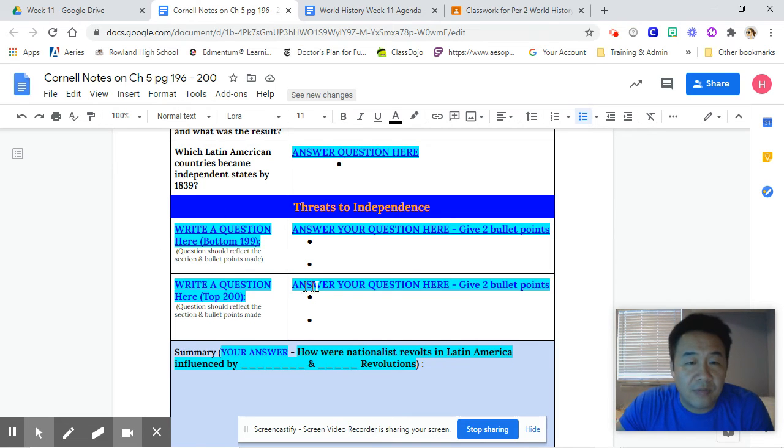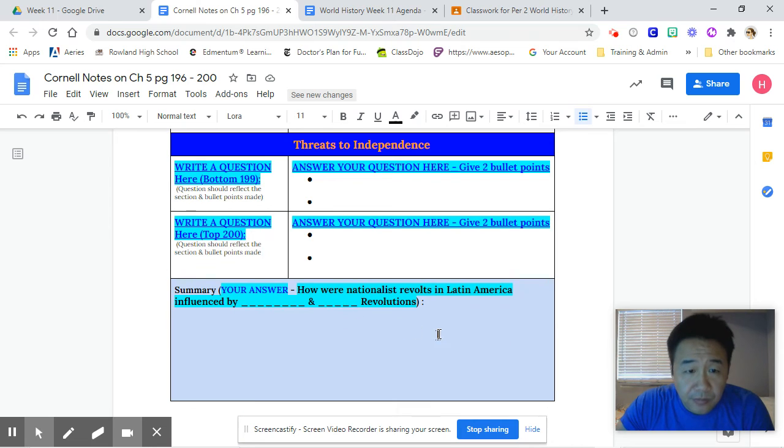You will have to do all of that. And you're also going to be doing 2 bullet points for the information written. So let's say you write a question for the bottom of 199 about threats to independence. Then you would give 2 bullet points to answer that question. And then the top of 200, same thing, 2 bullets to answer the question that you have written.